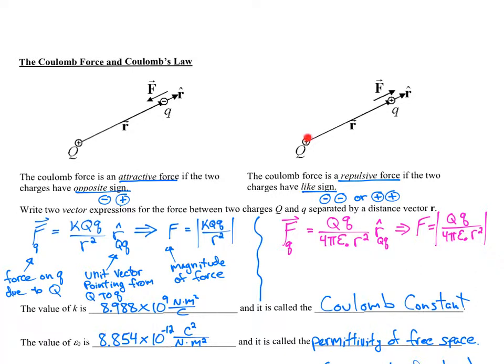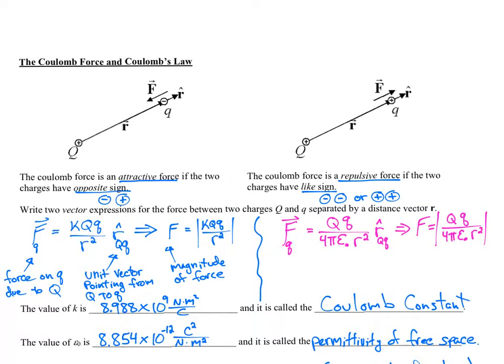And if you have two positives, this would also work for two negatives, then you have a repulsive force, and the force on one positive is going to be in the opposite direction as the other positive, and you'll have the two forces pointing away from each other. In an attractive case, the two forces point towards each other.